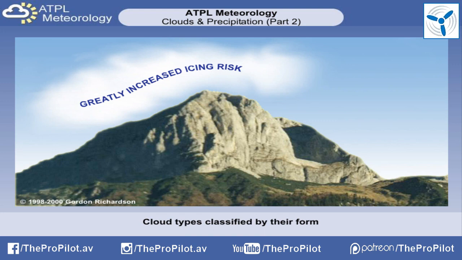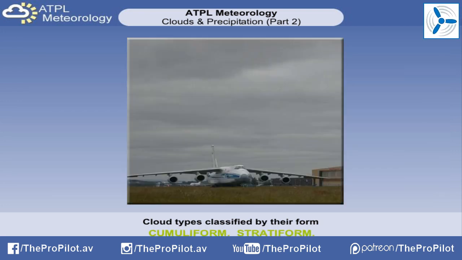We are now going to look at cloud types, their classification, description and forms. Clouds can be categorized in several ways. One way is to split them into two types, cumuliform and stratiform clouds. This system is based upon how the clouds actually look to the observer.